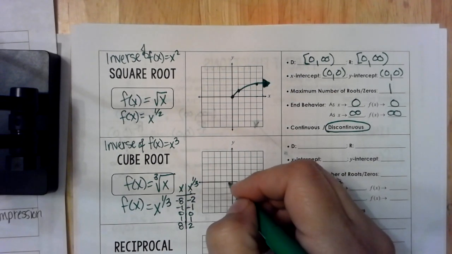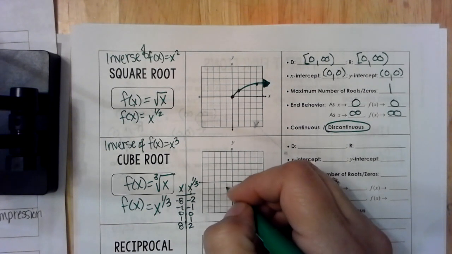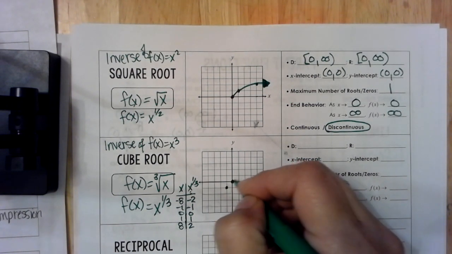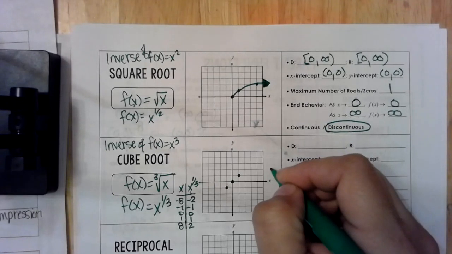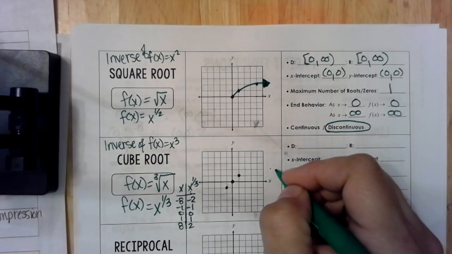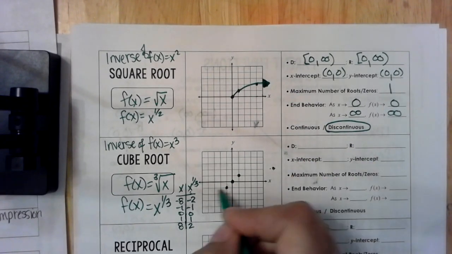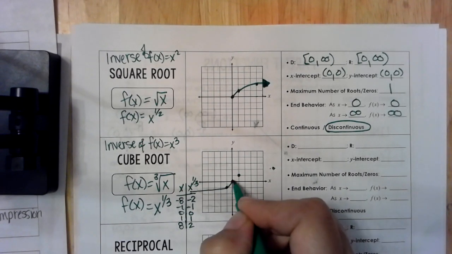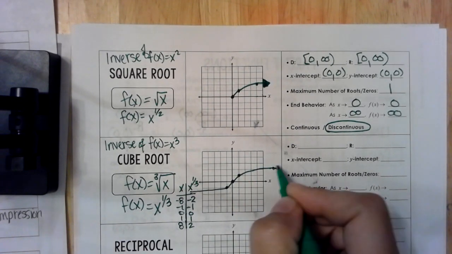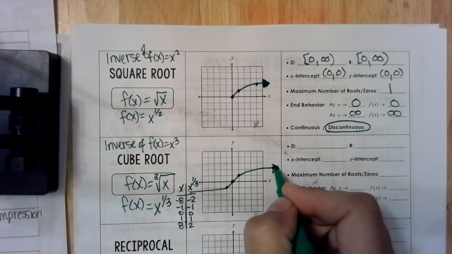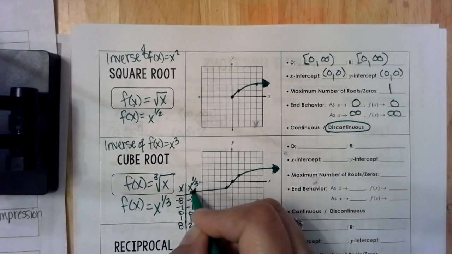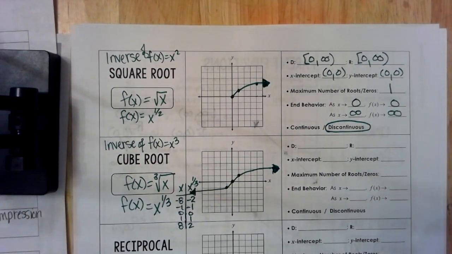At -1, we should be at -1, then 0, 0, then +1. And then at x equals 8, right about there, we should be on the 2 line. So that's kind of the basic look to it. It's a little flattened, but it's the same idea.